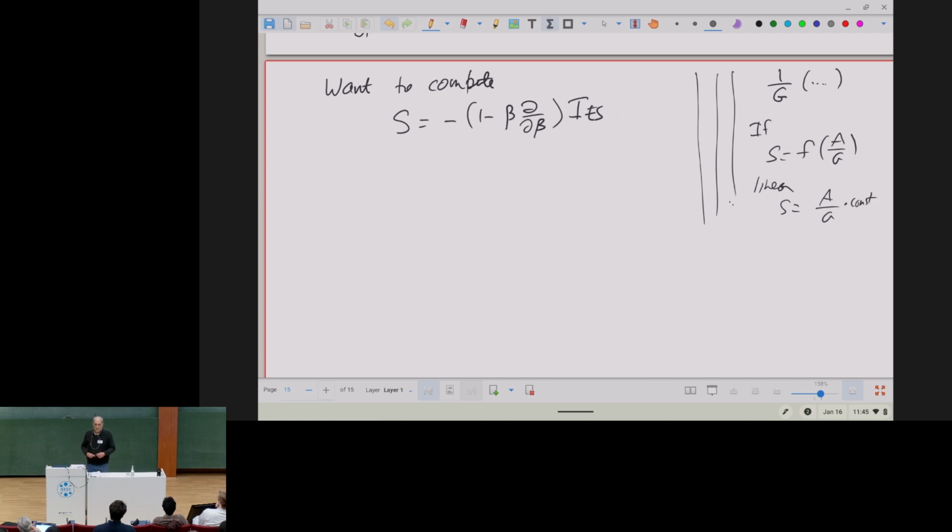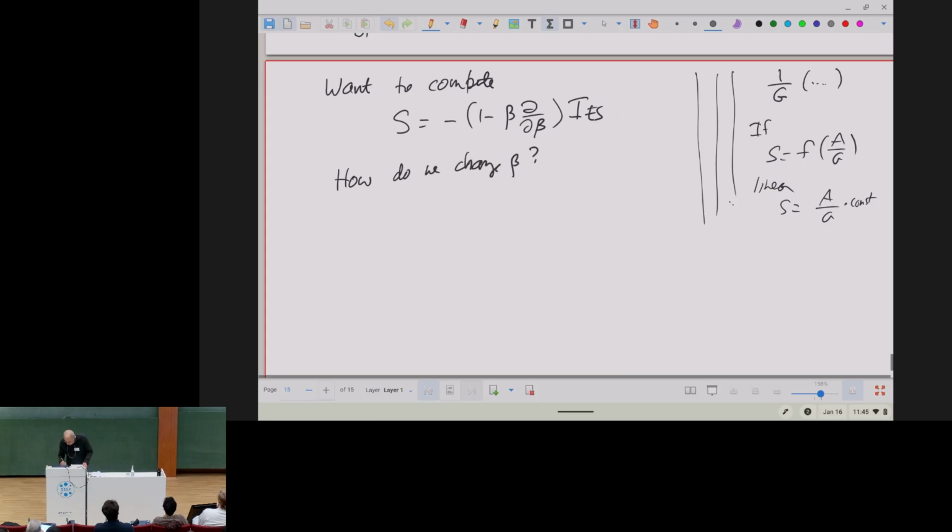So that means we'll take the Euclidean Schwarzschild metric and change it a little bit when beta changes. And then we'll calculate the derivative, and that will give us the action after a little while. But how do we change beta? Well, one thing which we can do, and this is the original procedure of Gibbons and Hawking, is vary m in the classical solution so beta changes.